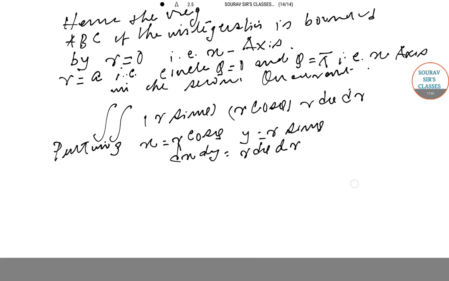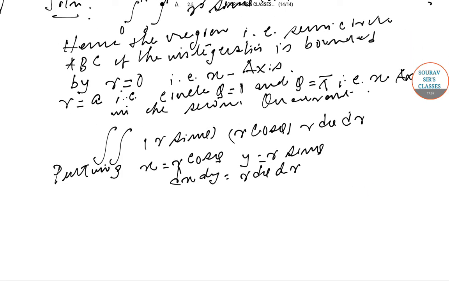See, these two diagrams are very important, but let me first do it. Okay, we get minus a to plus a, 0 to root over xy dy dx.